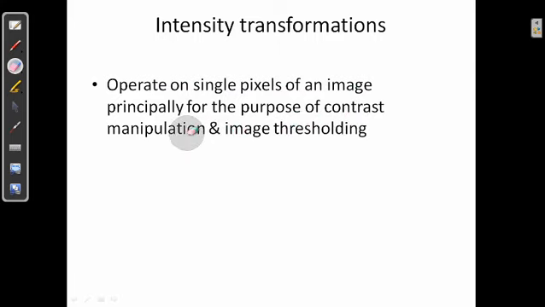Contrast manipulation and image thresholding are different processes referring to particular processing operations. There may be many other processing operations, but they are considering only two over here: contrast manipulation and image thresholding. The main thing you need to concentrate on is that whenever it is intensity transformation, we will be concentrating only on the single pixel. Clear with this?